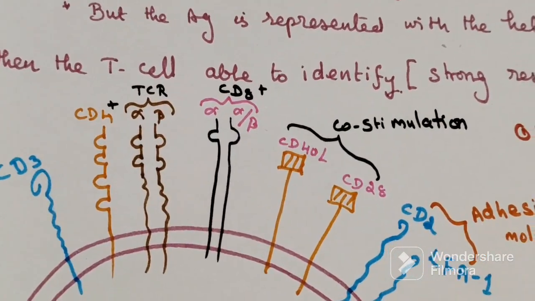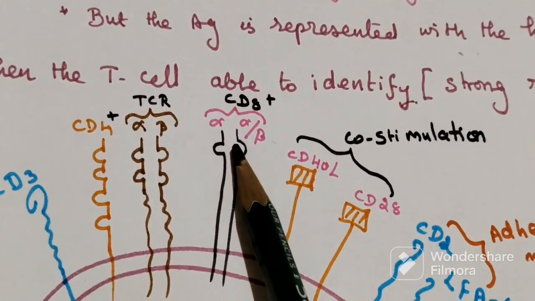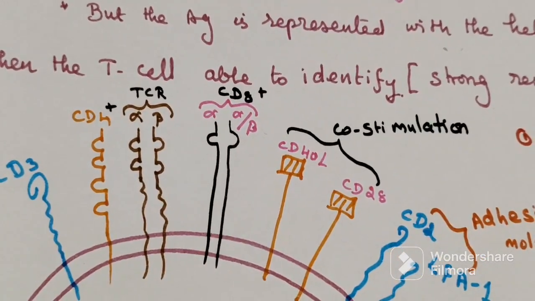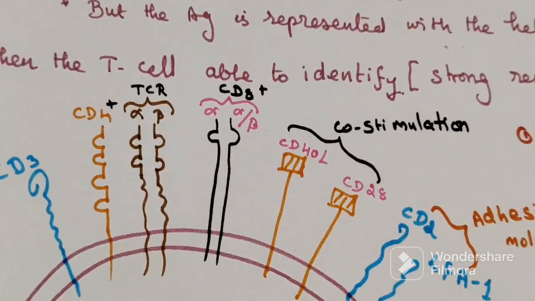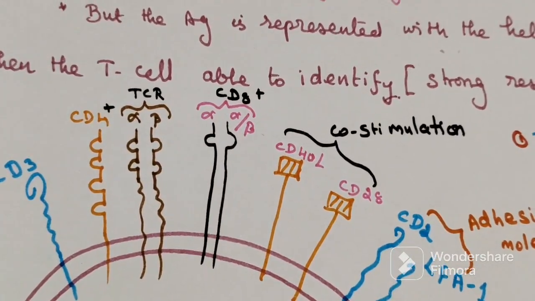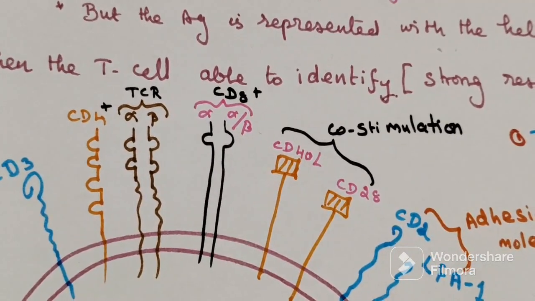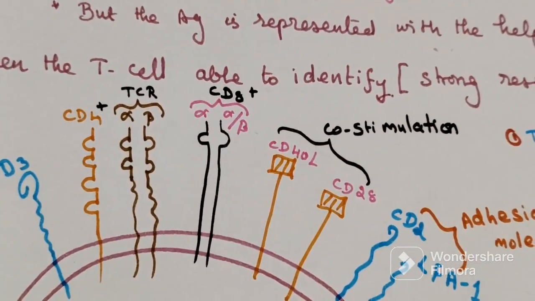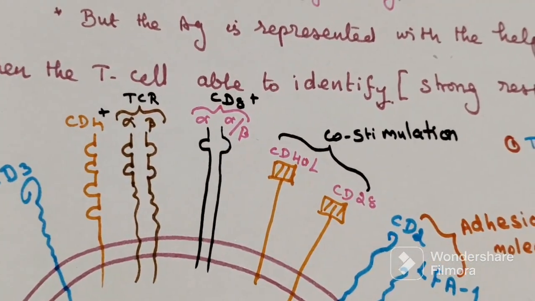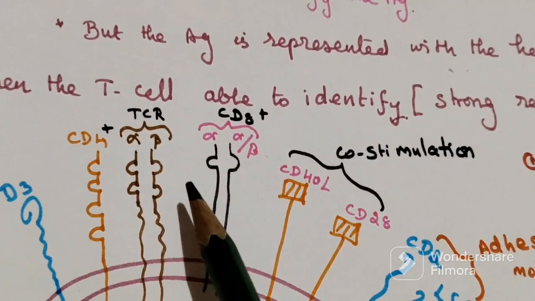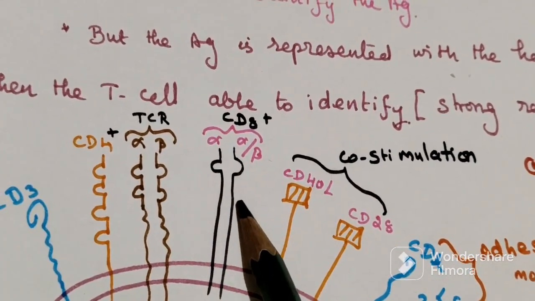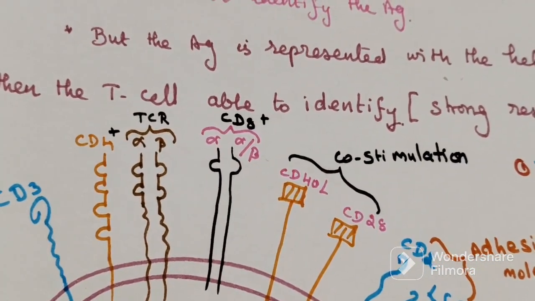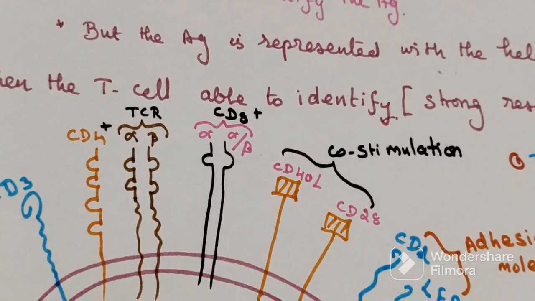In the case of CD8 plus TC cells, there is a second co-receptor, known as CD8 plus. It may be a homodimer or heterodimer: alpha alpha, or alpha beta. So this will be CD8 plus.